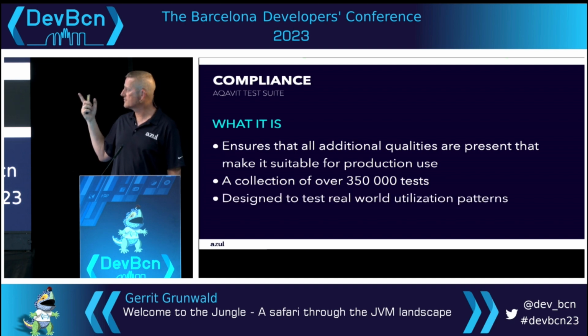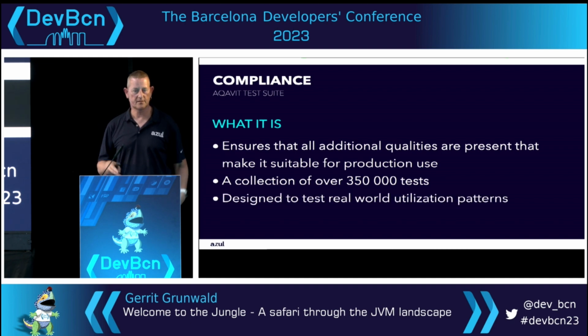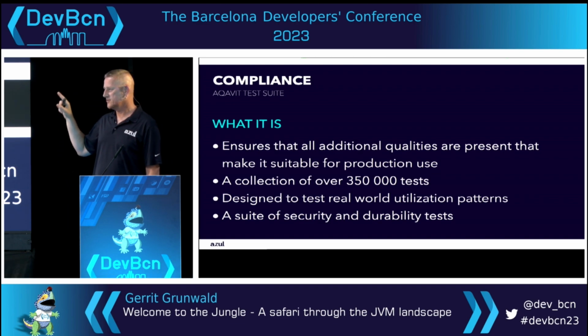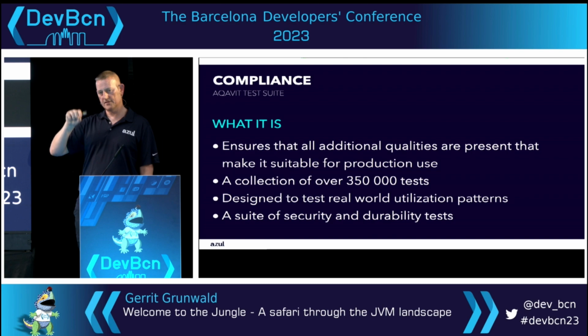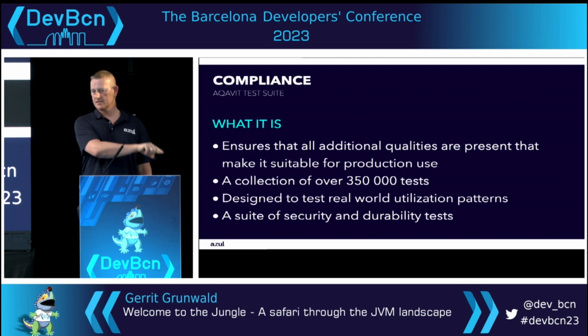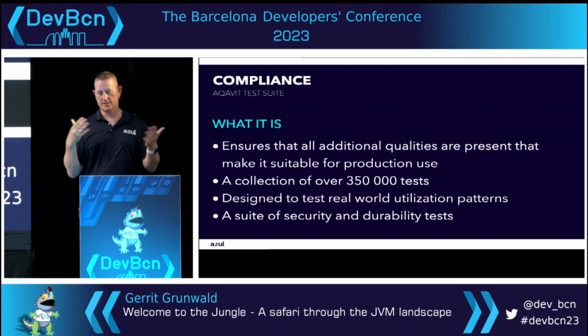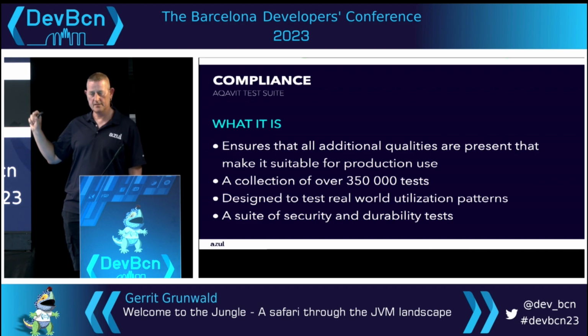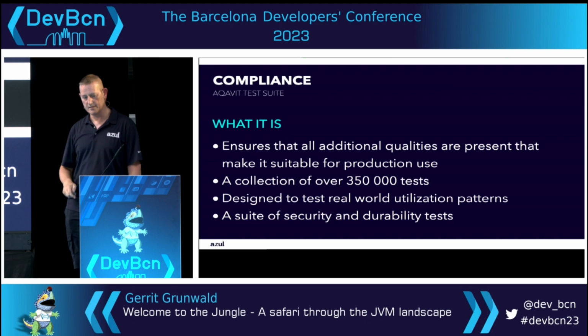Like I said, it's designed to test real-world utilization patterns. It's a different approach, and of course we also have security and durability tests. And what they say is you can't get AQAvit compliance without having the TCK, because it's different tests. So to get AQAvit compliant, you also need to be TCK compliant.